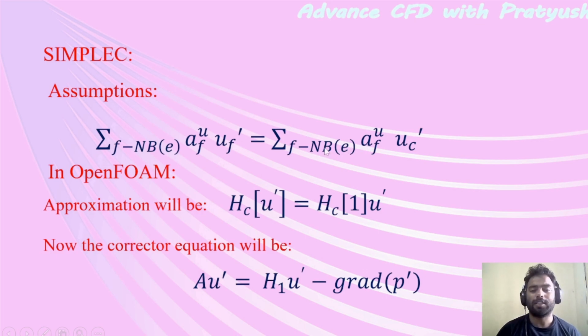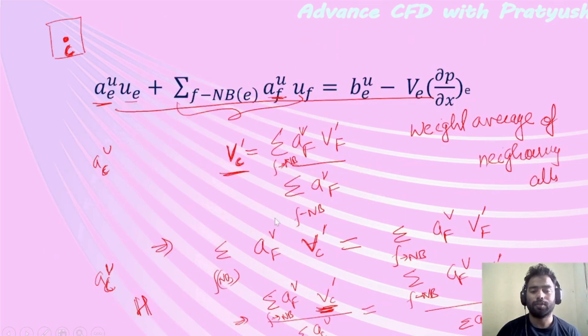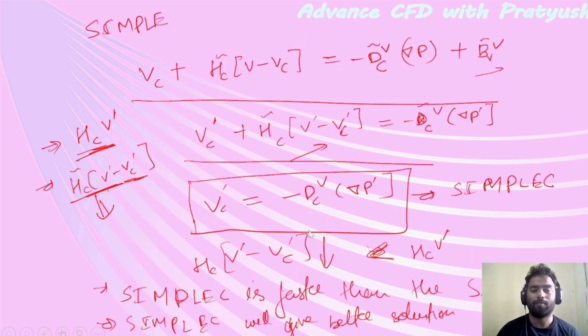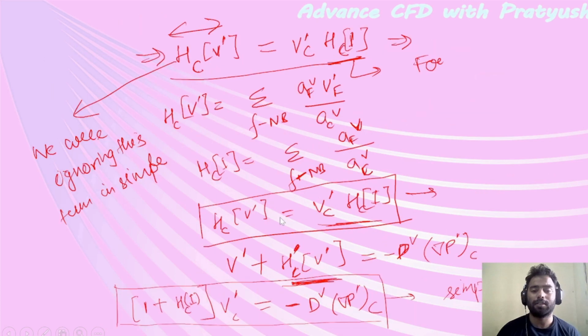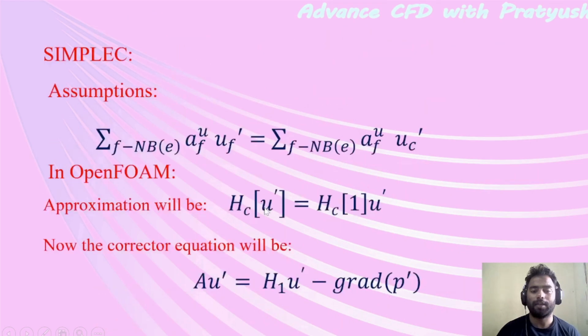These are the assumptions that I showed you. Similar equations can be written in this form. Now the same approximation in the form of the H operator in OpenFOAM can be written in this form. So these are the similar equations that you can relate from here.